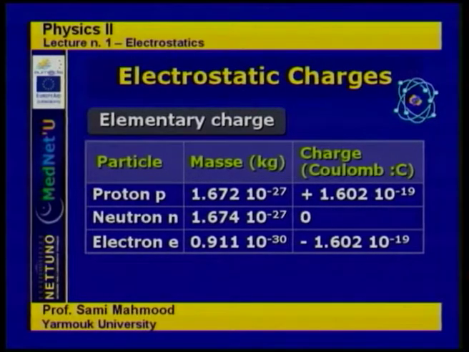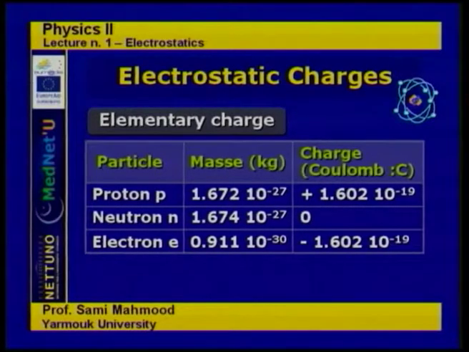The proton, designated by the symbol P, has a mass of 1.672 times 10 to the minus 27 kilograms, and the charge on the proton is 1.602 times 10 to the minus 19 coulomb. Coulomb is the unit of charge.